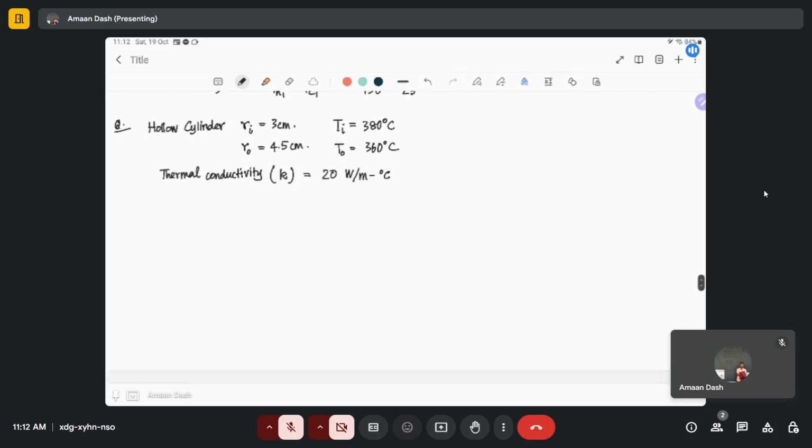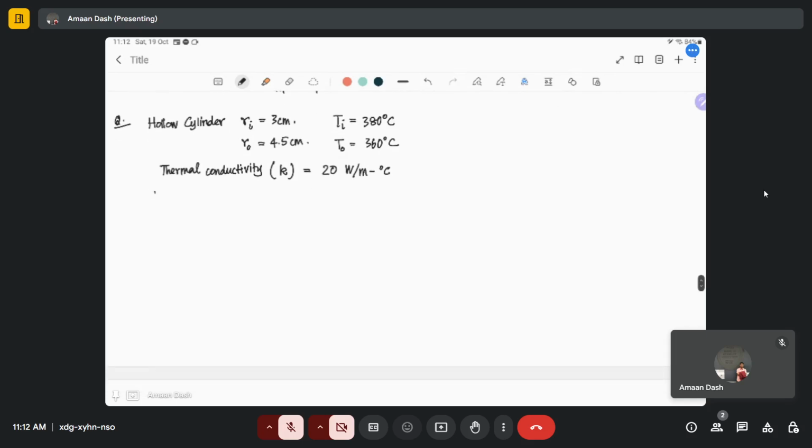So calculate the temperature at the mid radius.